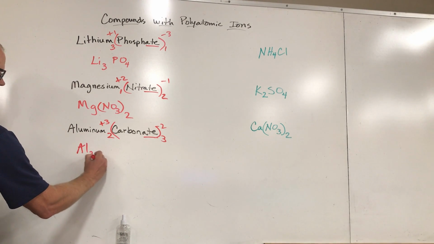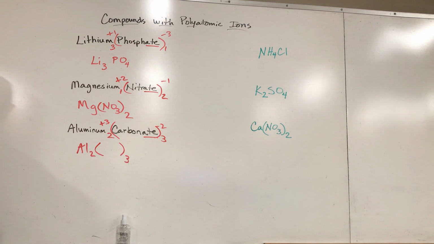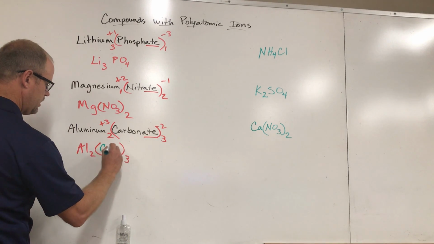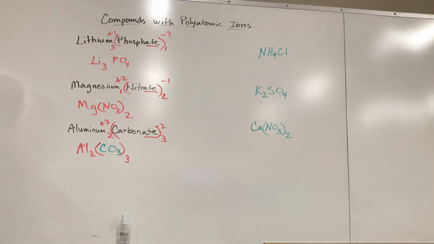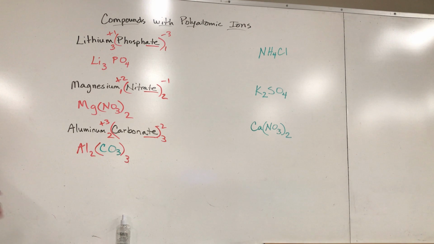I have 2 aluminums, I have 3 carbonates. The identity of carbonate itself is CO3. So I actually have 2 3s in a row. CO3 tells me it's carbonate. This 3 down here tells me I have 3 of those carbonate combinations. And that's the formula for aluminum carbonate.